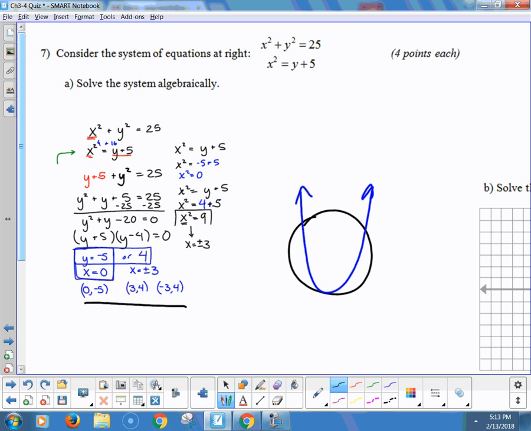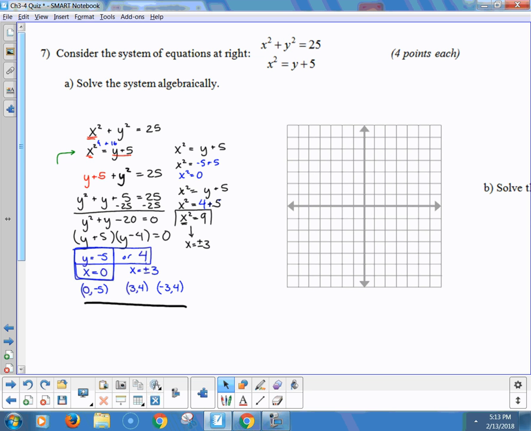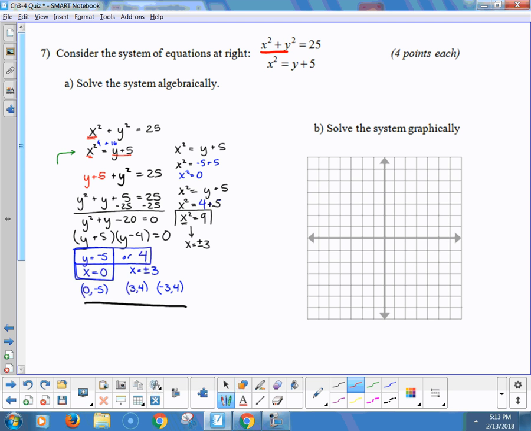To show that, well, we buff out our toolkits and graph them. Let's see, the circle has a center at 0, 0 and a radius of 5. So up 5, forward 5, down 5, back 5. Arc, little circle.